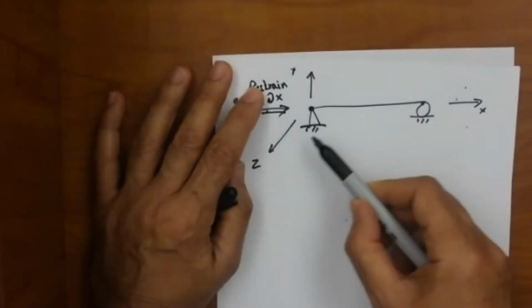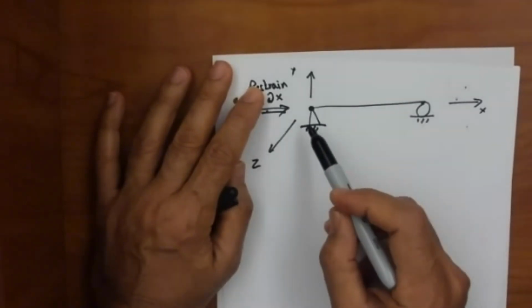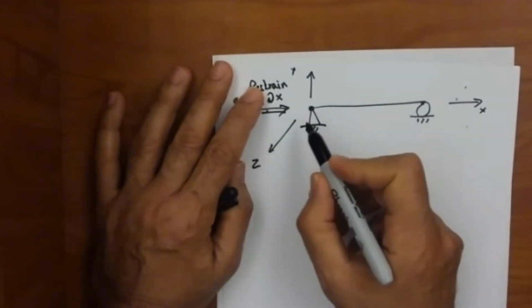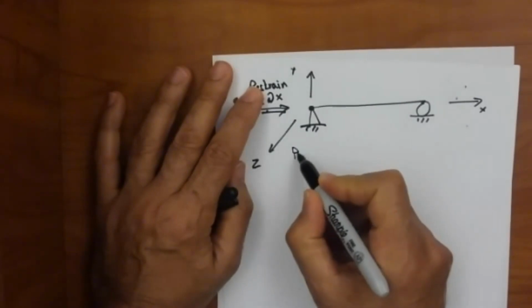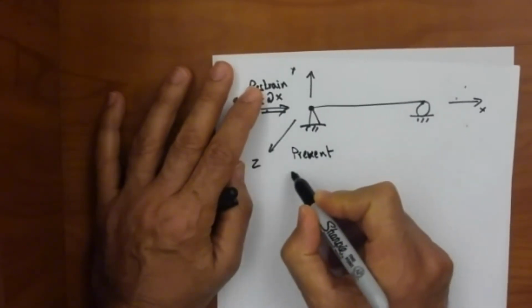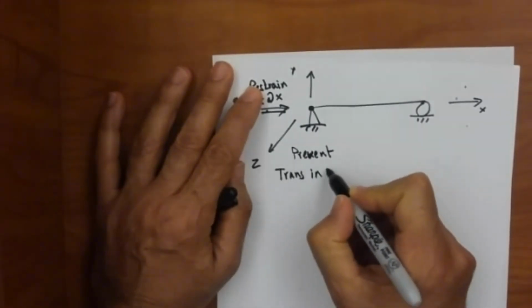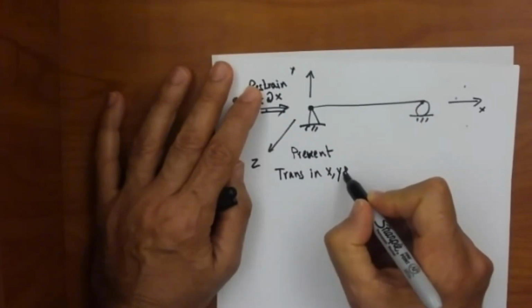But what exactly is this pin support doing? Holding it in place, what does that mean? It's preventing the beam from translation, period. So that means that this support prevents translation in X, Y, and Z.